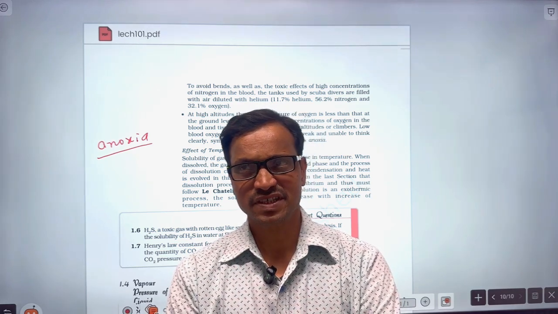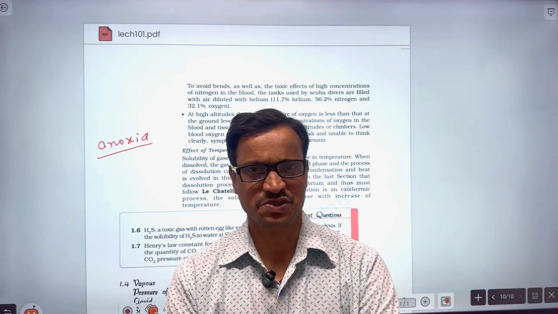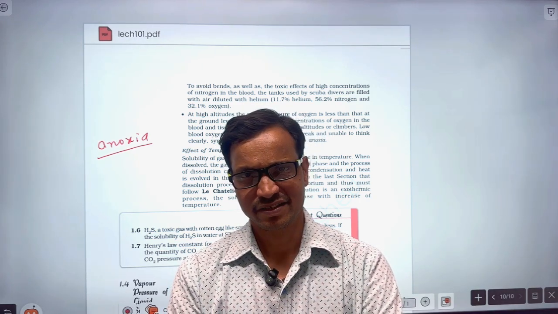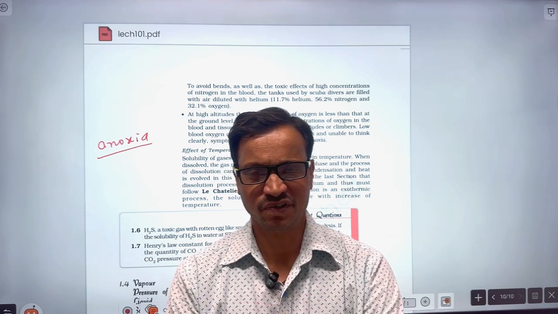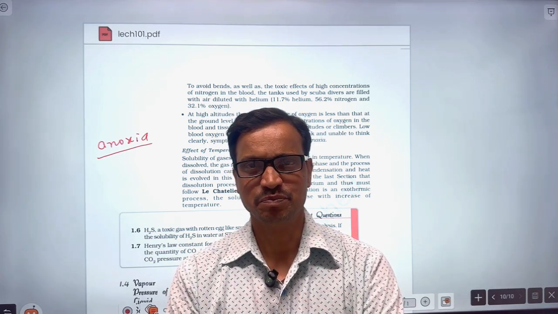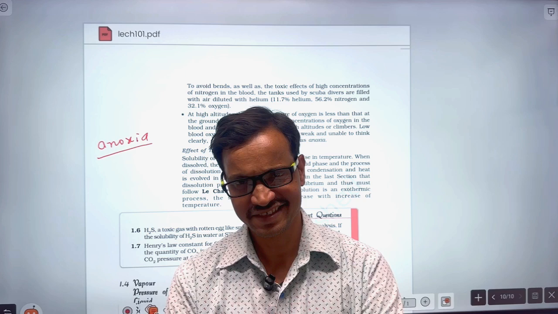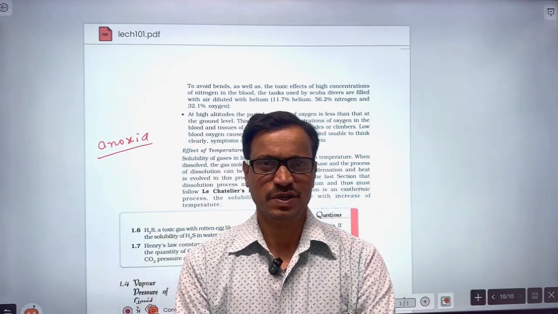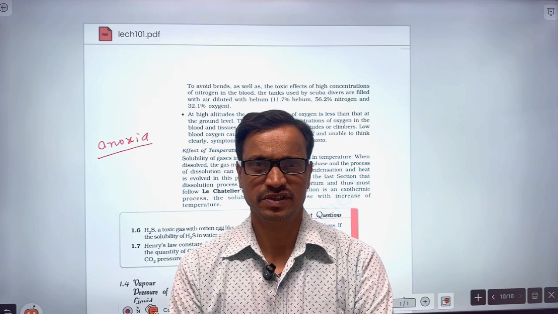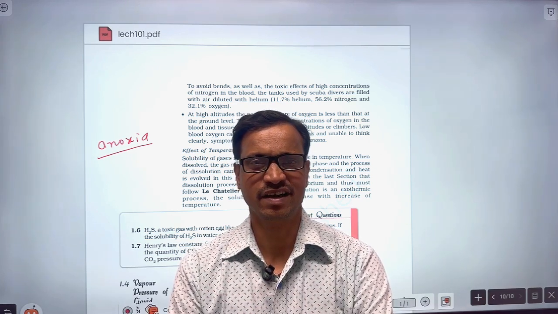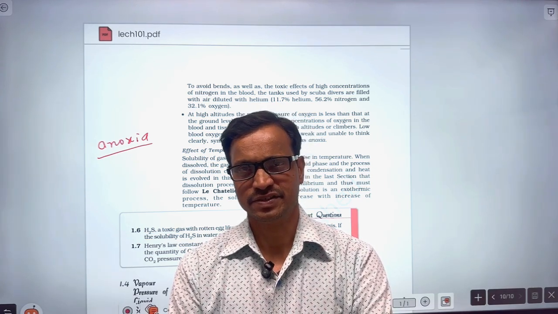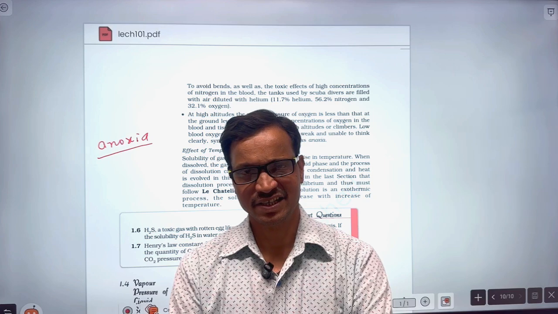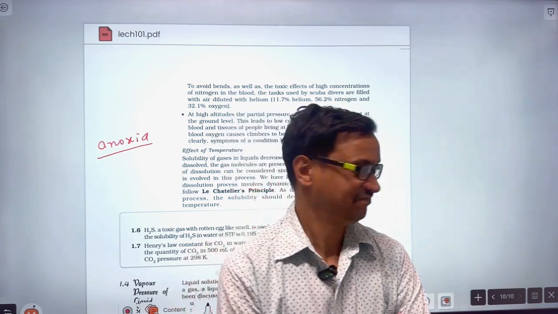So they get less oxygen while breathing, and hence ample oxygen is not available for them. Hence they become physically and mentally weak.